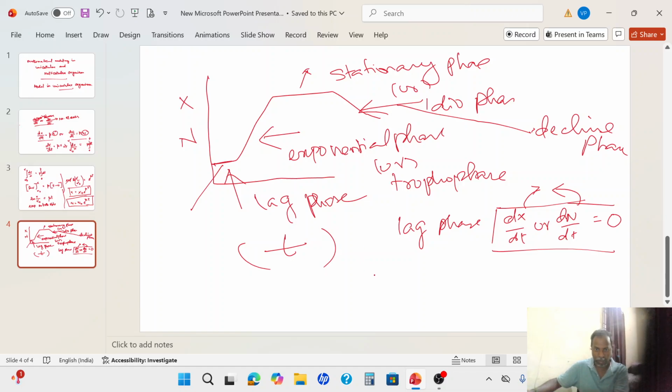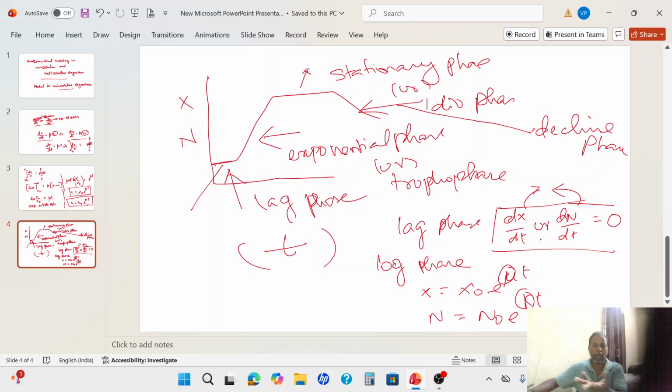Whereas in exponential phase or log phase, the biomass is x is equal to x naught e power mu t, or n is equal to n naught e power kt, where k or mu is the rate of biomass formed in the system.